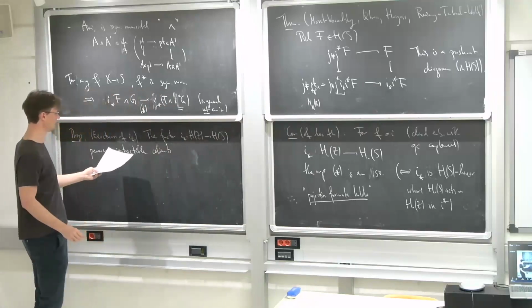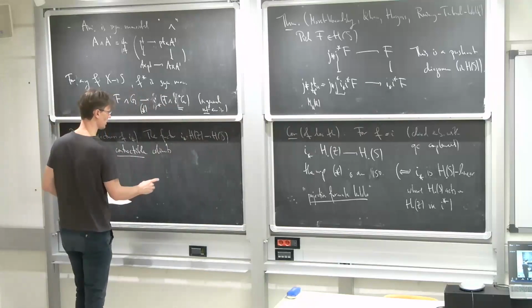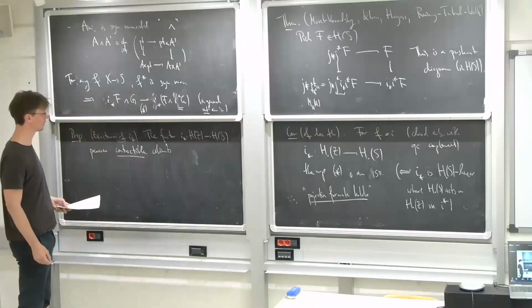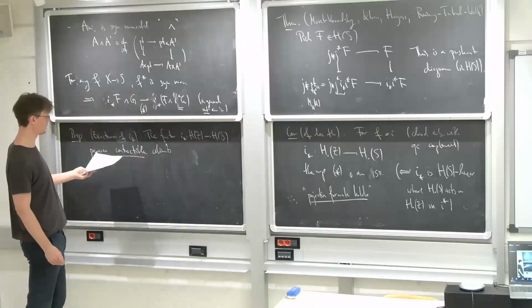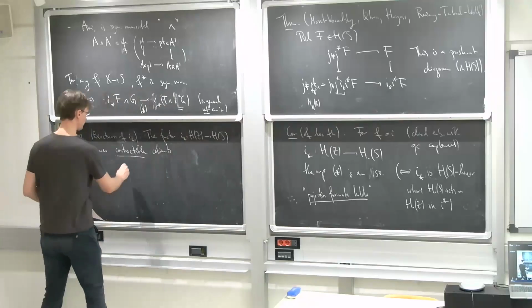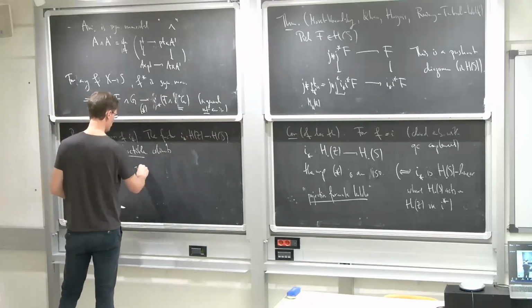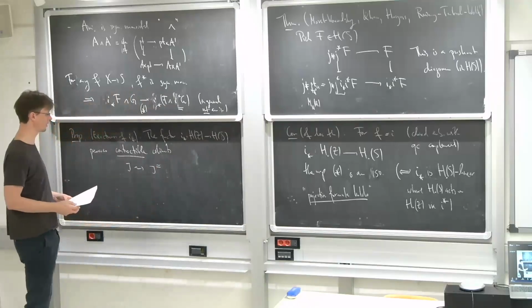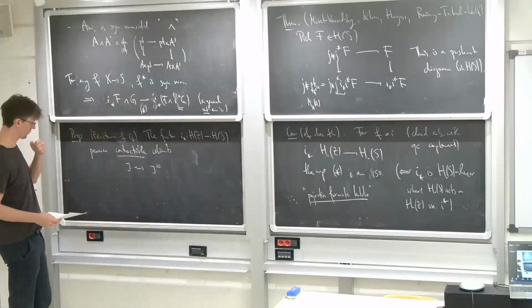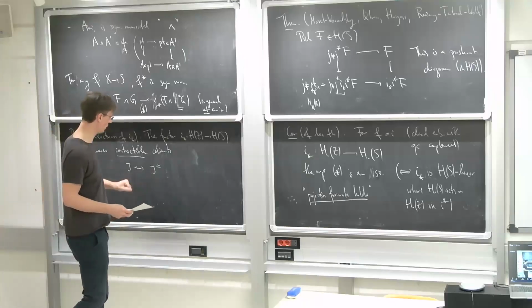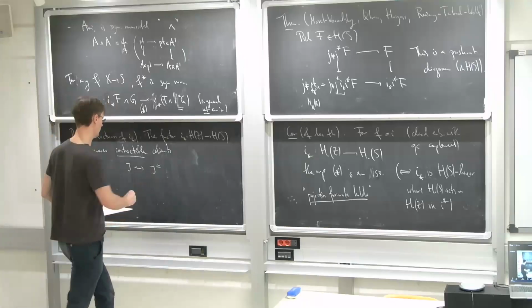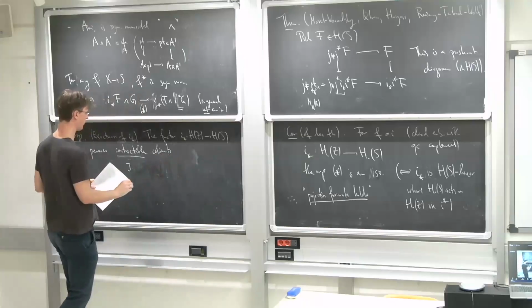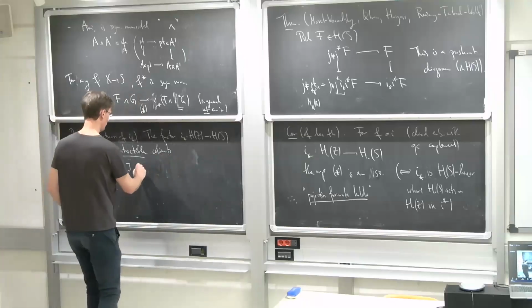So contractible means, you have a certain indexing category that indexes your colimit diagram. This could be an infinity category, to which you assign a groupoid. So you formally invert all arrows.